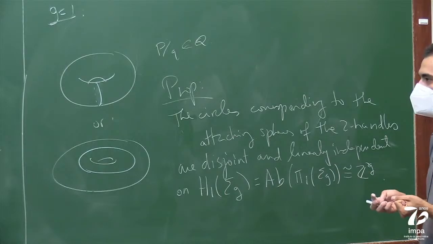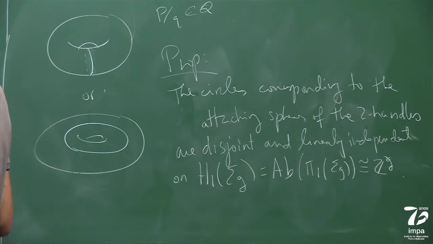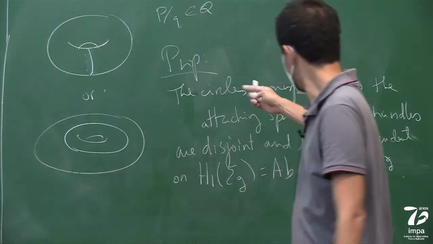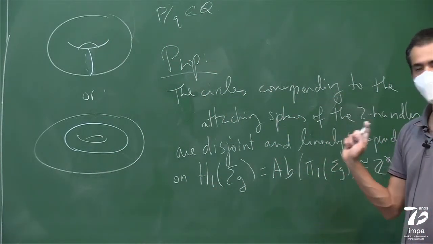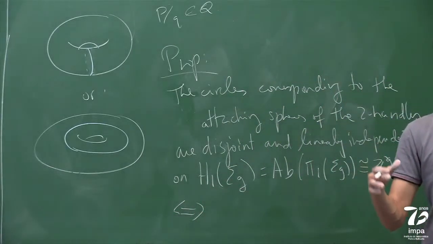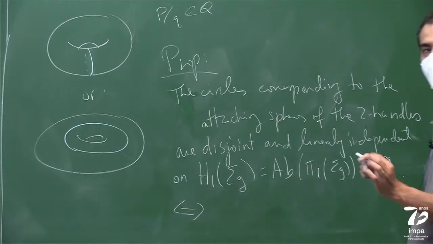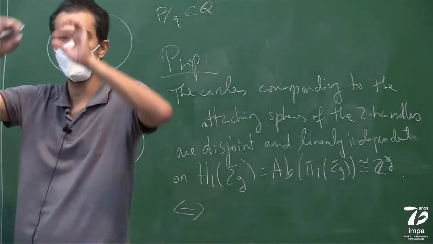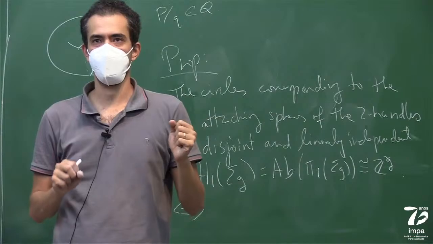So I guess the proposition can be: if your circles do come from a handle attachment, then they have to be disjoint, and they have to be linearly independent here. But this condition is actually equivalent to when after you attach all these two handles, you end up with a disk. And this is also equivalent to if you take your genus G surface and you remove all these circles, then you get an open disk.